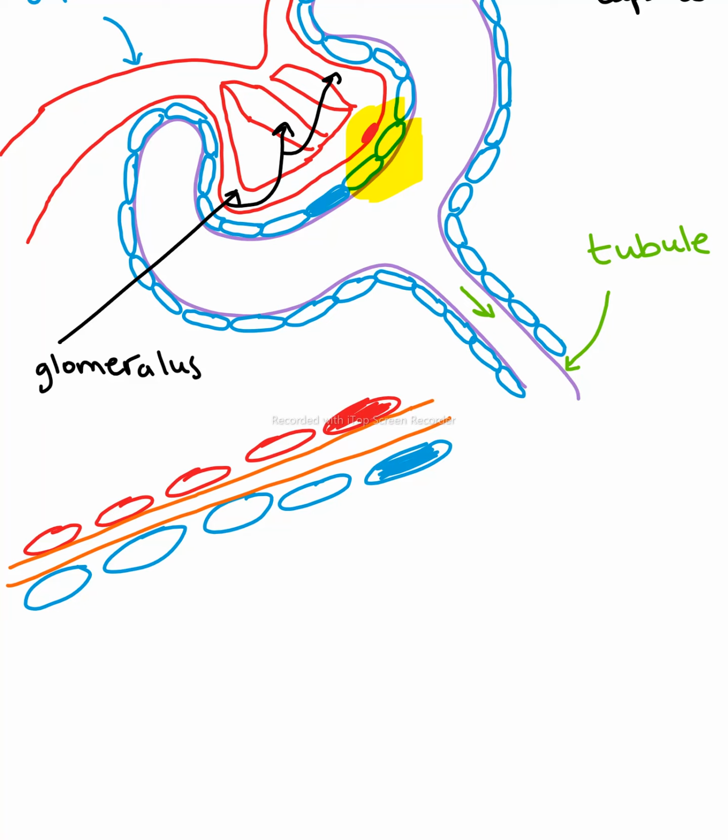Right, so let's label all these up. So that there is the capillary wall, one cell thick, short diffusion distance. That there's the Bowman's capsule wall.